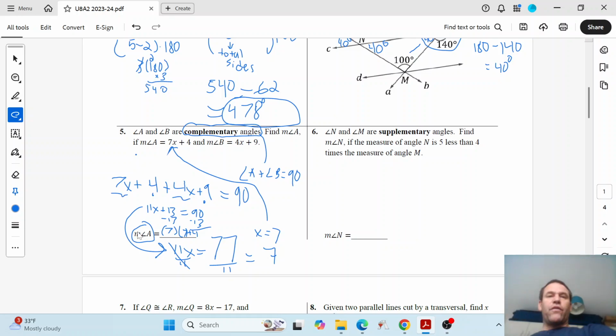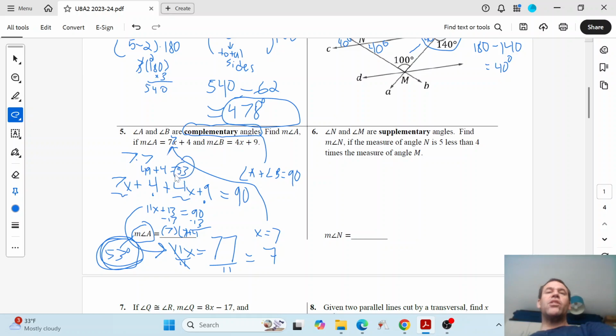So the answer for the measure of angle A is 53 degrees, our final answer.